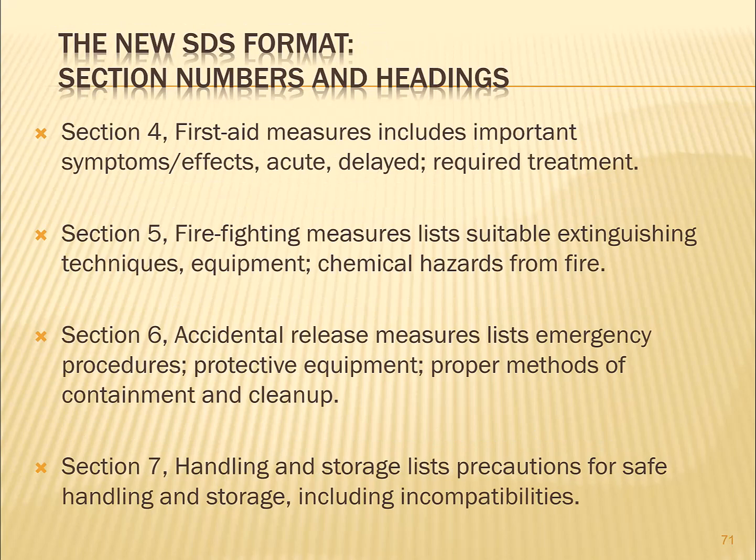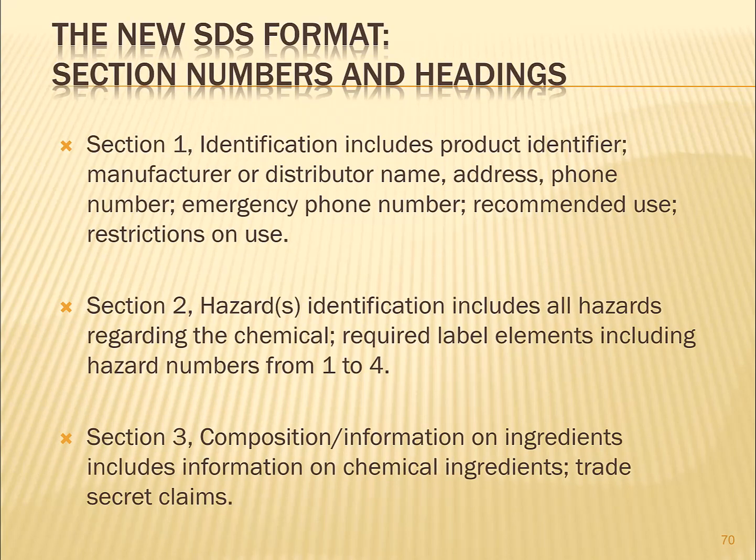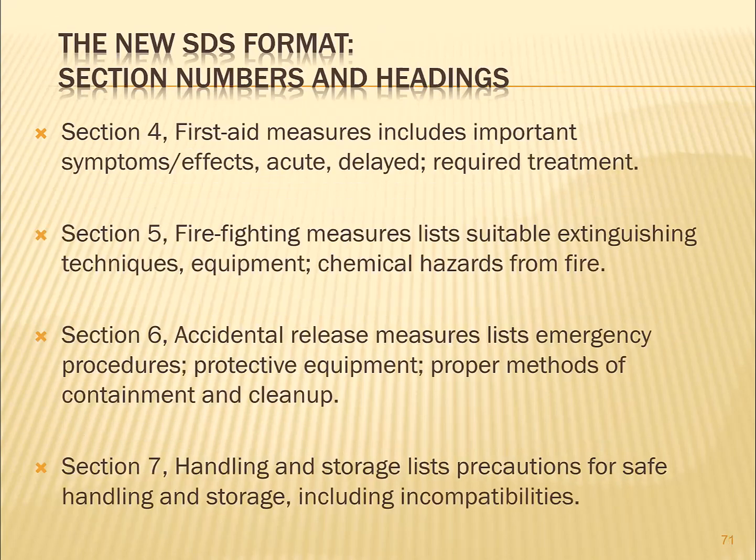So far the one I need you to remember is Section 1, product identification. Then on the next page we've got Section 4, you need to know that one, dealing with first aid measures, because in an emergency, if you need to know detailed first aid measures, it's good to remember it's going to be in Section 4.